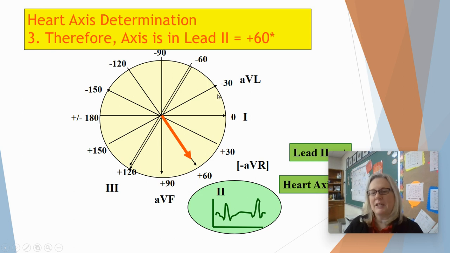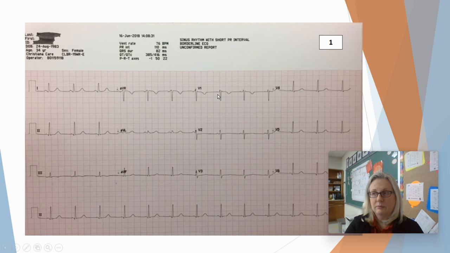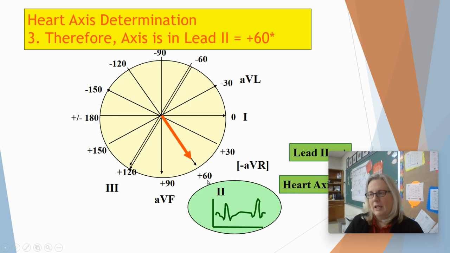Now I need to check, is AVL the smallest? By golly, it is. So yes, our heart axis is in lead 2, which is positive 60 degrees according to the wheel. So our heart axis for number 1 is positive 60.